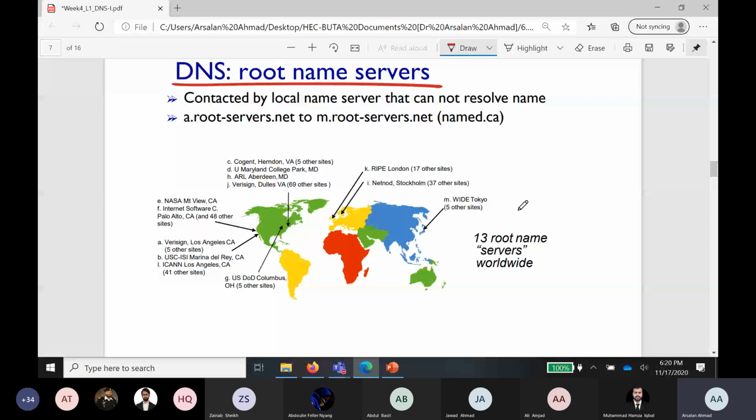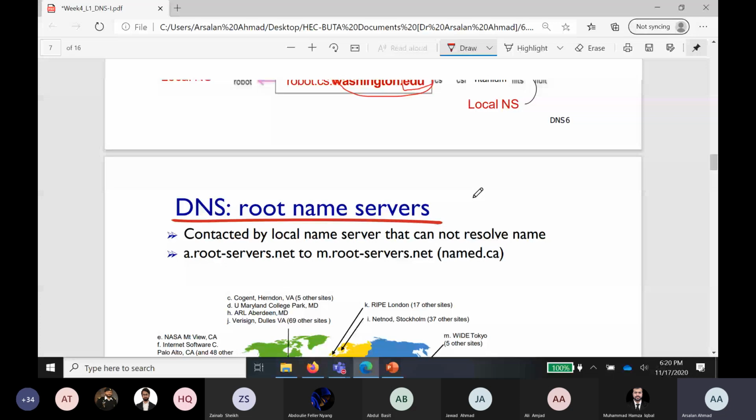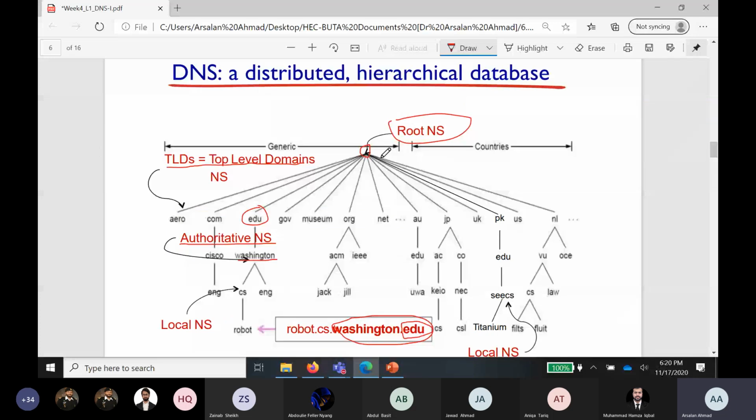Root name server. One thought can come to mind: looking at this particular slide, it suggests that it's a single machine, which means that a person can think that it's again a single point of failure. So what is the whole purpose of this hierarchical database if it is still a single point of failure?